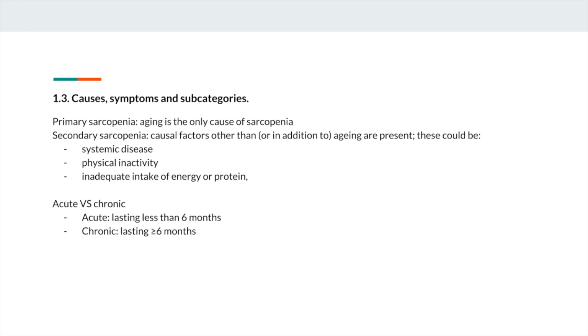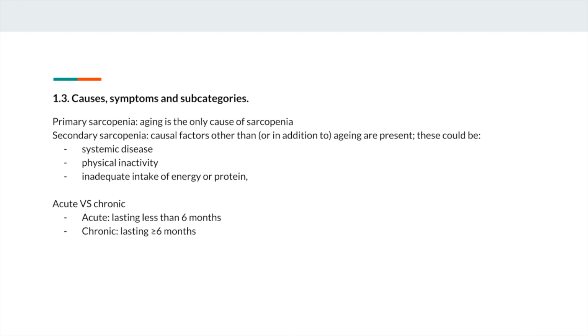Secondly, physical inactivity due to sedentary lifestyle or to disease-related immobility or disability, and the inadequate intake of energy or protein, which may be due to anorexia, malabsorption, limited access to healthy foods, or limited ability to eat.